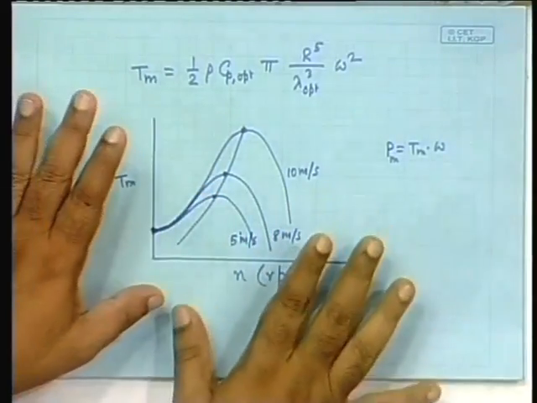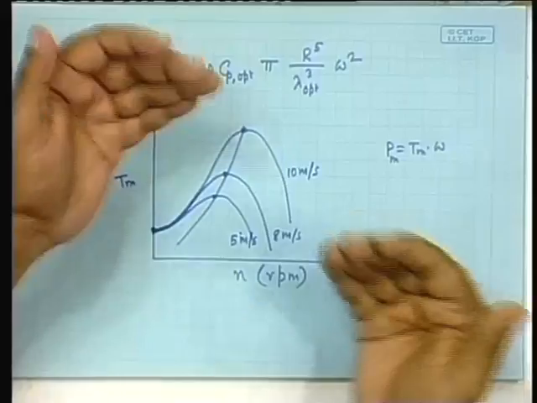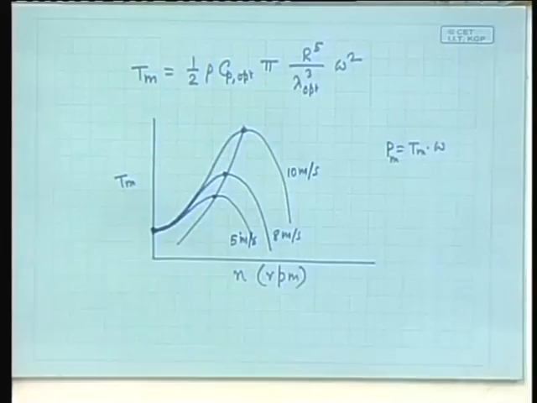So, at different speeds you will have a particular generated torque, and there will be a load torque. In this case the load torque is the torque given by the electrical generator. I do not know if you have this concept clear. Supposing you are supplying an electrical generator with some power, that means you are rotating it, you are giving a torque.